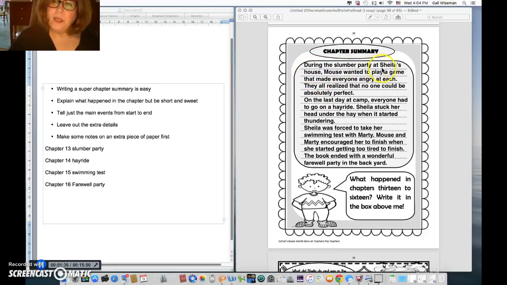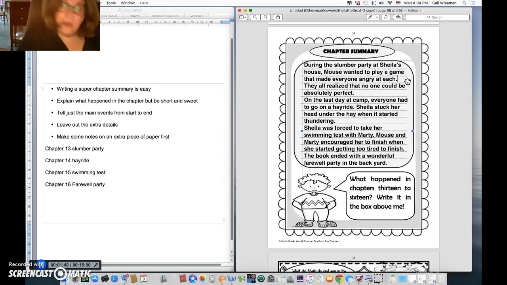During the slumber party at Sheila's house, Mouse wanted to play a game that made everyone angry at each. I forgot the word other. So I see that. I'm going to make my correction now. Take away the period and I'll add other, and then I'll put my period to end the sentence.